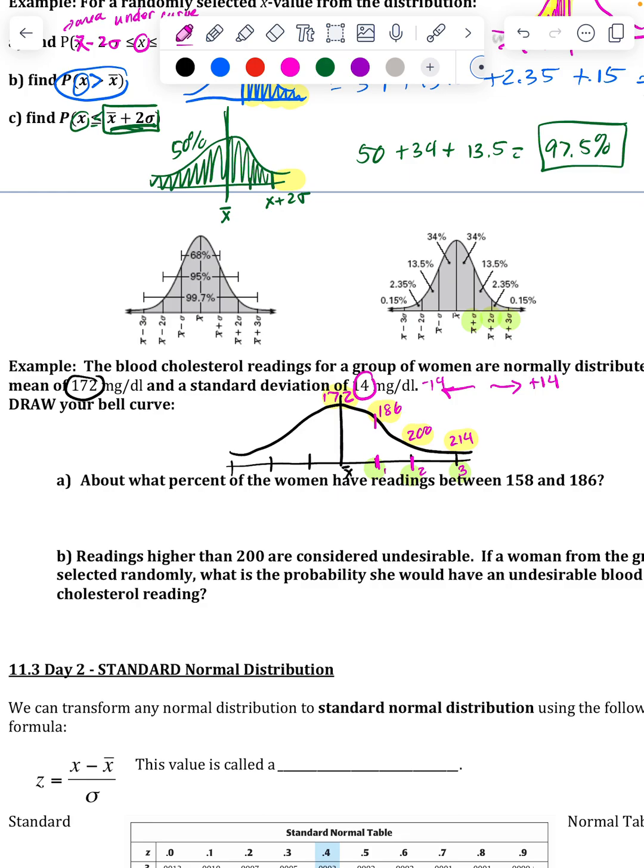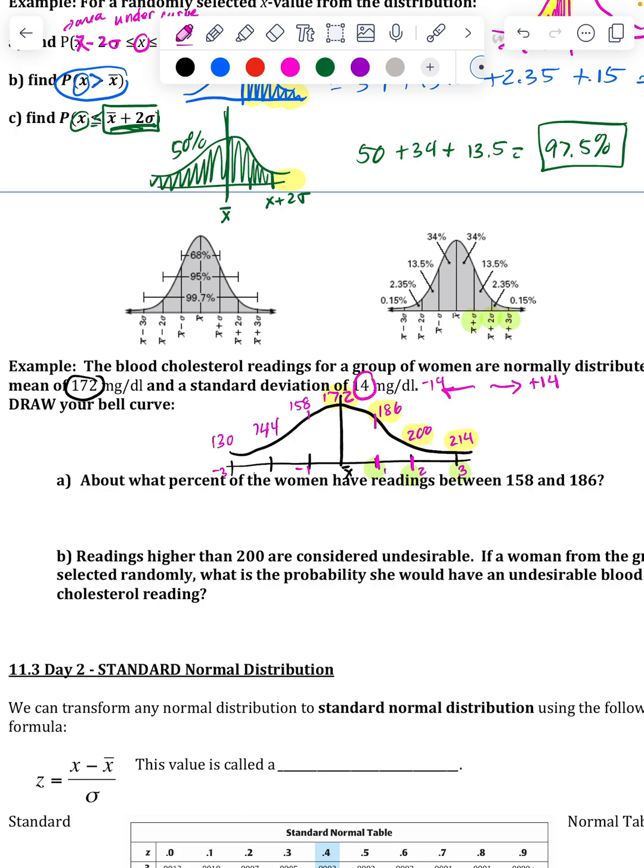Okay, if I went to the left, I would be 14 below 172, which would land me at 158 if I'm going to the left 1 standard deviation. One more drops it down by 14 again, and take it down by 14 again.